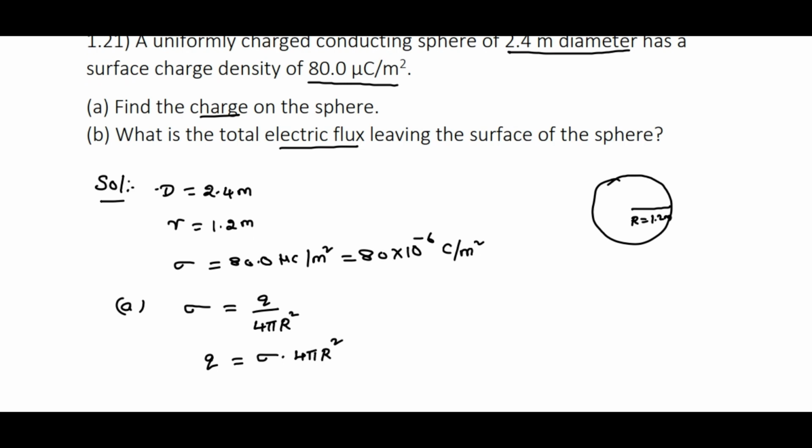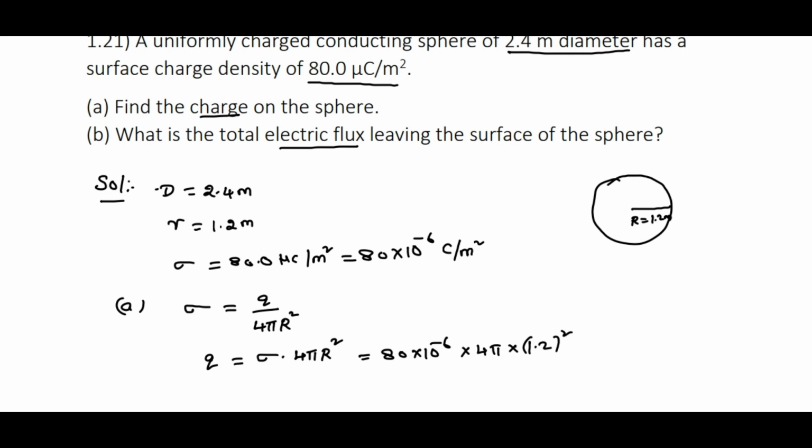Sigma is 80 into 10 power minus 6 into 4 pi. Radius is 1.2 meter. So 1.2 whole square.